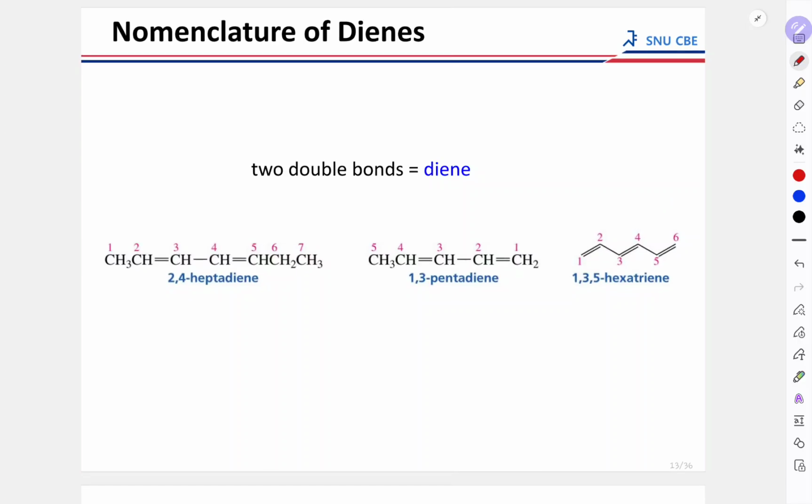There are some rules. What about diene? Diene means you have 2 alkene sites, right? 2 double bonds. Of course, in this case you can call out diene, right? So you can count the number of carbon. The main chain has to contain the 2 alkenes, of course. You cannot miss the key functional group functionalities.